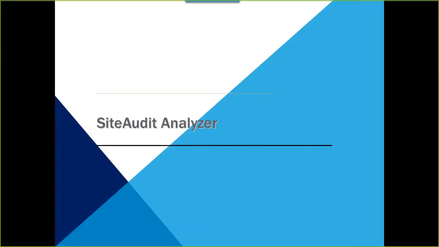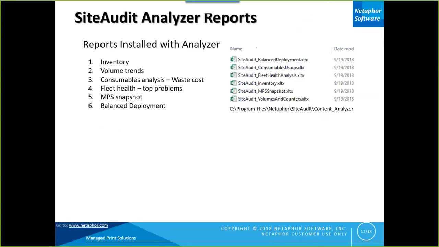But now let's talk about the analyzer. The analyzer, I'm sure you're familiar with, comes with a set of reports, or templates as we call them. They look at different things about the fleet. They do analysis and reporting, and they also have an integration with Microsoft PowerPoint.